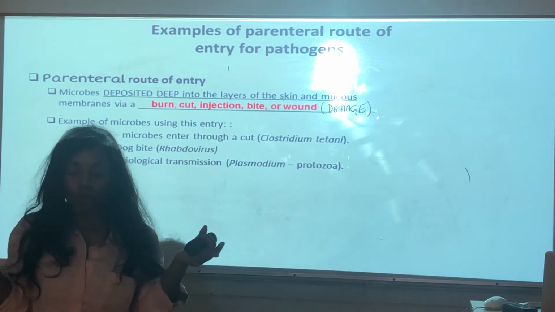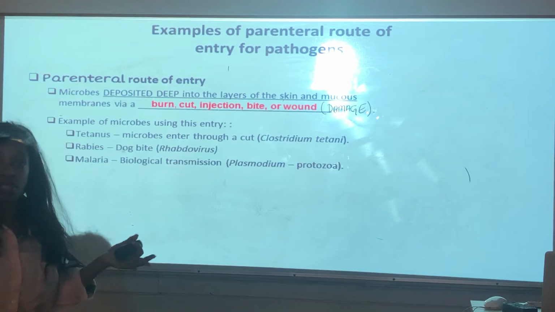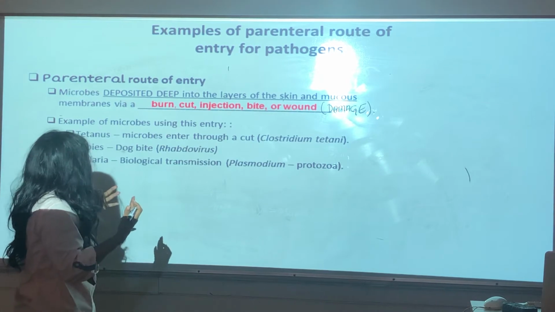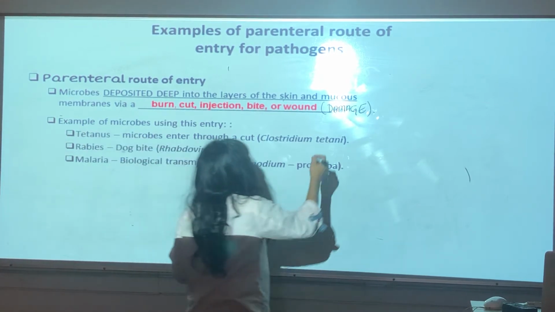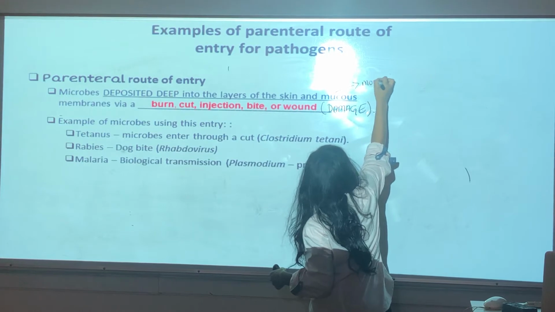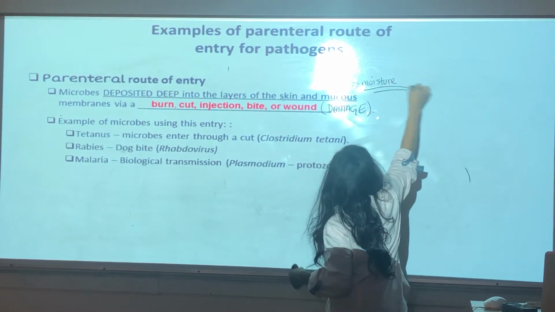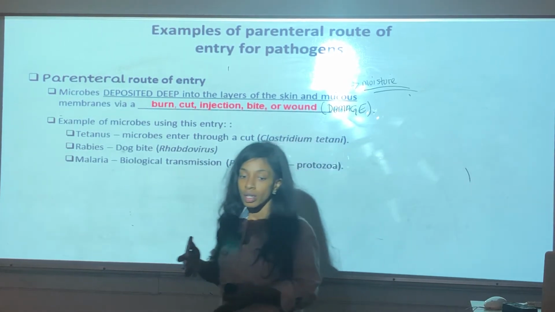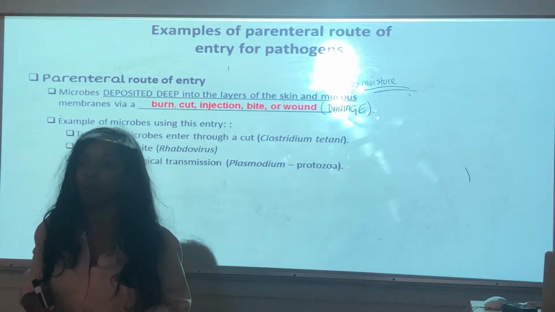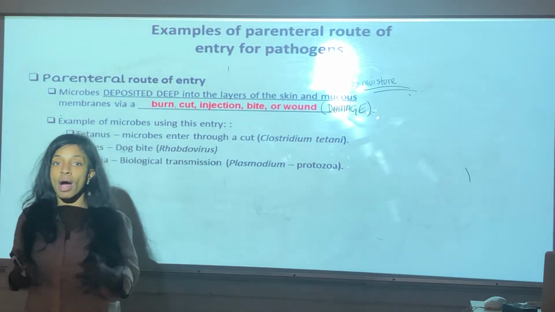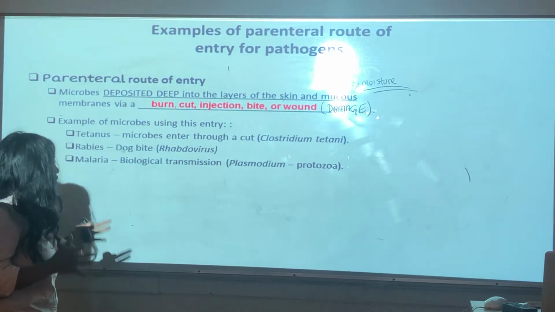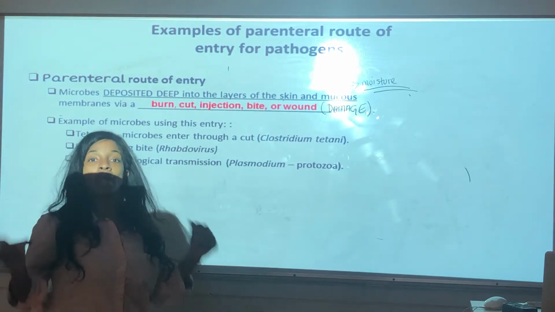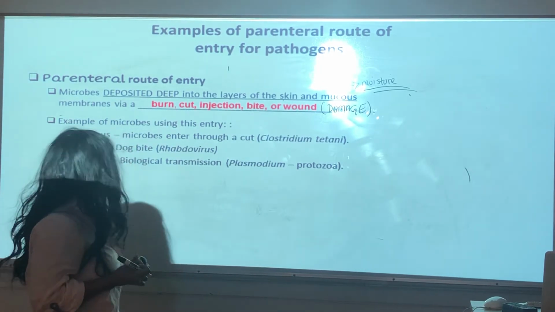So when the skin is damaged, the microorganisms are happy because they can get to an area that is deeper in the body, often the mucous membranes, which have a lot of moisture. I just reminded you guys that the mucous membrane is very moist. So they go deeper into the layers of the connective tissue, and sometimes even to the mucous membrane where there's more nutrients, more water for their survival. So they're happy when there's a cut, a burn, injection, some sort of opening where they can jump in, and now they can get the nutrients that they need to survive.